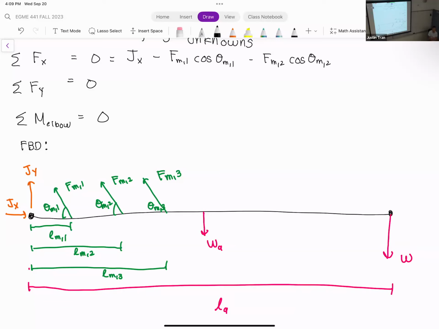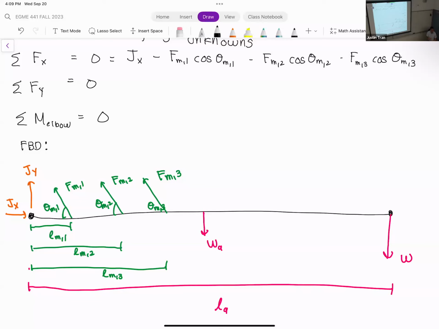We're going to write the exact same thing for FM2. So FM2 is going to be minus FM2 cosine theta M2. And then finally, the same thing for FM3.